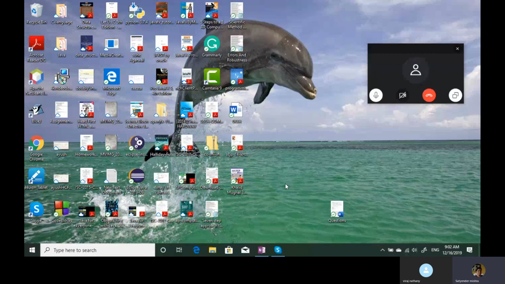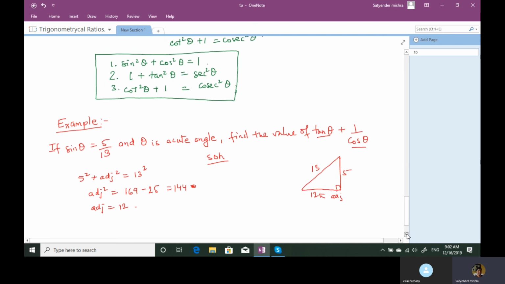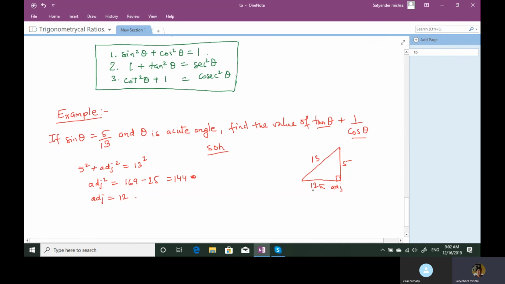I don't know why it is happening. 15 Mbps is also fast because Skype uses a very small amount of data. Okay, so we got 12, right? Hello.